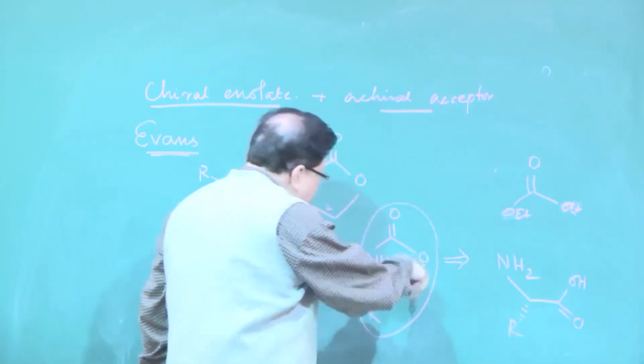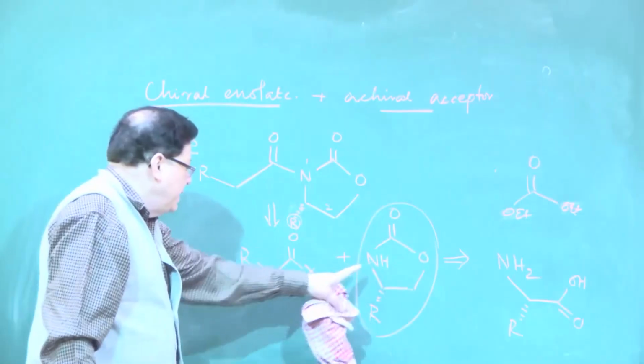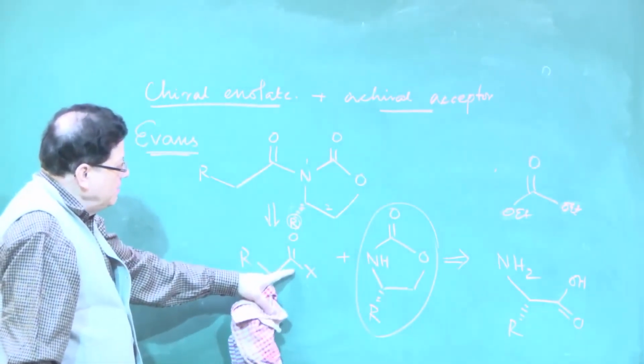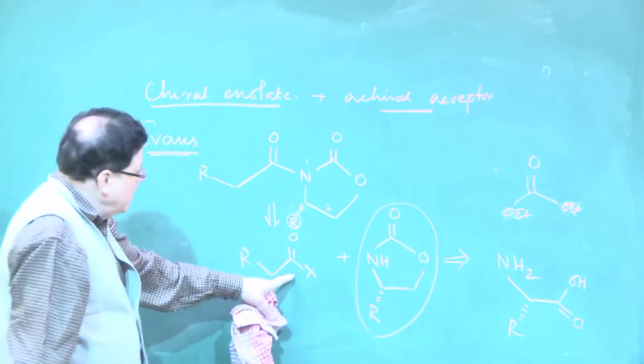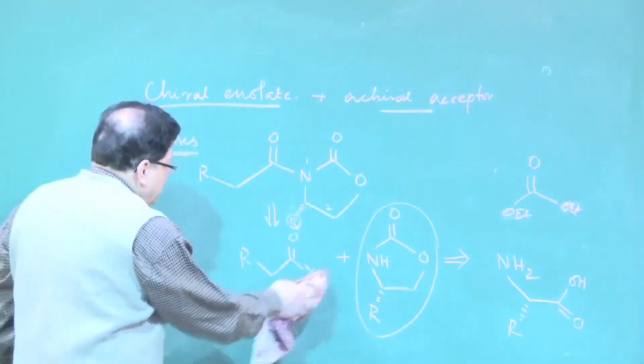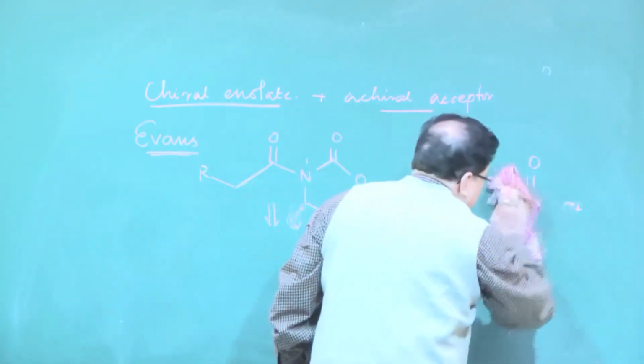So, you make this oxazolidinone as your chiral auxiliary, and then react that with an activated acid, and you get this amide. Okay. So, this is basically your starting point for the formation of the enolate.